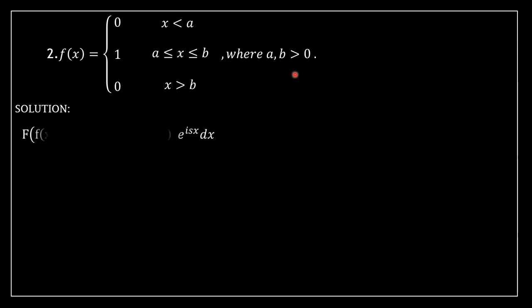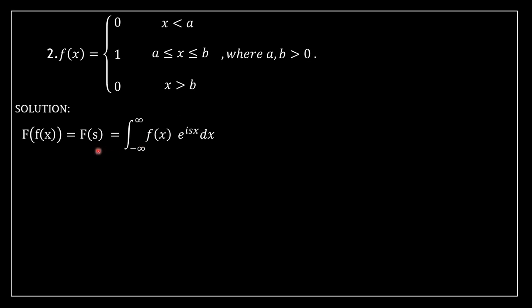From the definition, the Fourier transform of the function f of x is given by integration f of x into e to the power isx dx, where the limits of x vary from minus infinity to infinity. Just observe the given function f of x, students. The function value is 0 for all those x less than a and greater than b, right?